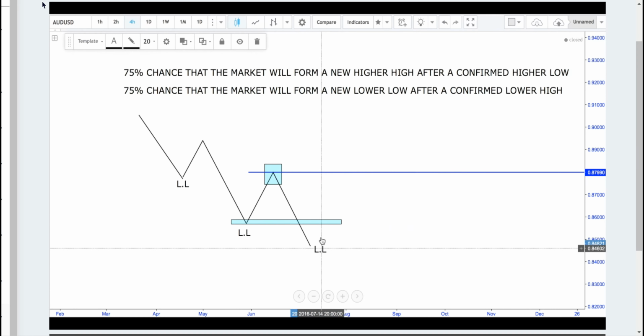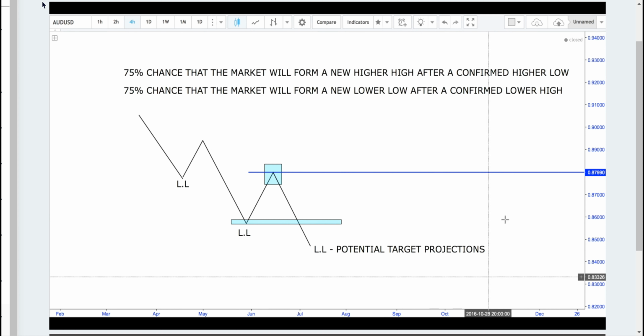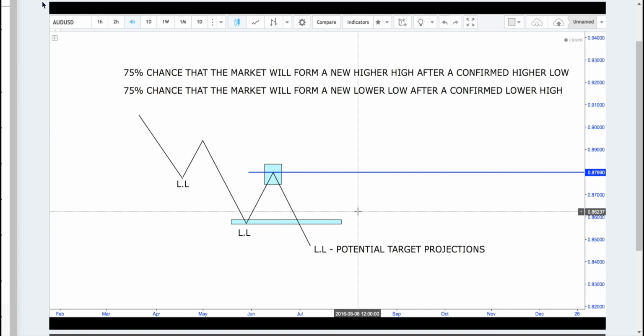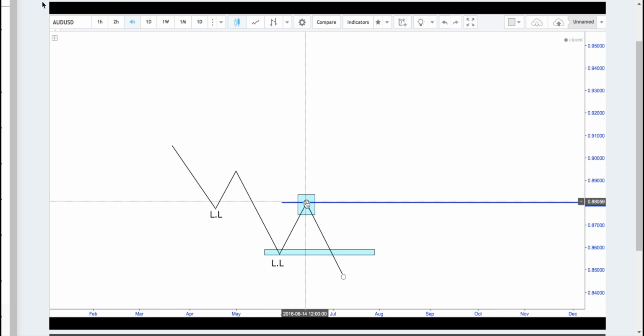So we can use this rule in particular, and just knowing about this and using it in combination with all of your analysis, people forget about this because they get too mixed up in all the indicators and all of the other crap that doesn't work. So this is all just pure price action, guys.